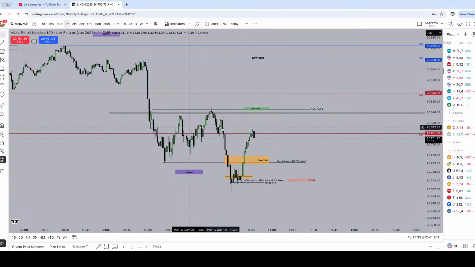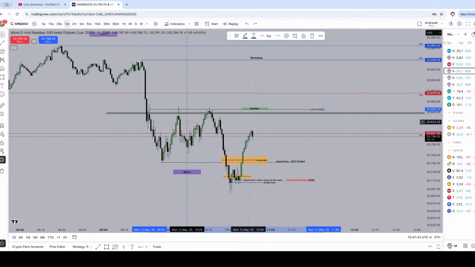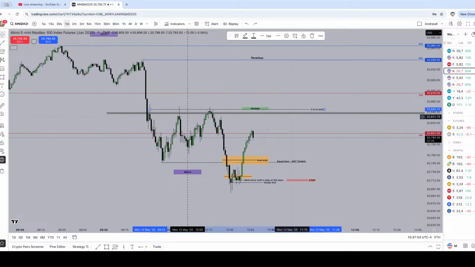See that? You want to take them. There's a premium array. So yeah, ideally I'd take partials into this premium little fair value gap here. Partials here, partials there, and then terminus.